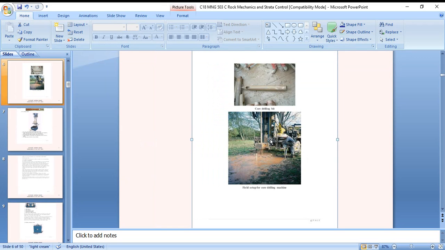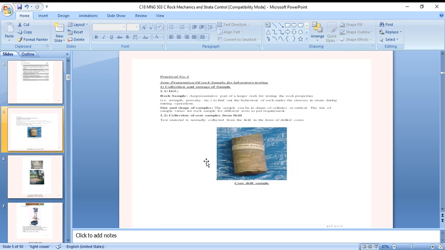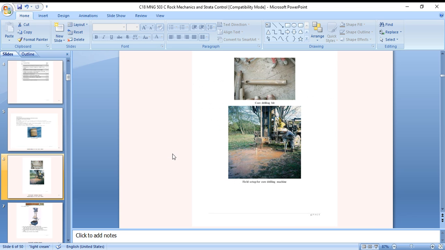This is the core collection in a portal. These are the four barrels for the collection of the samples. So this gives this type of core samples.